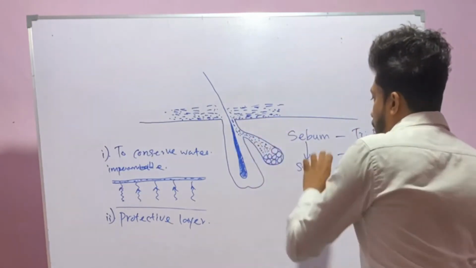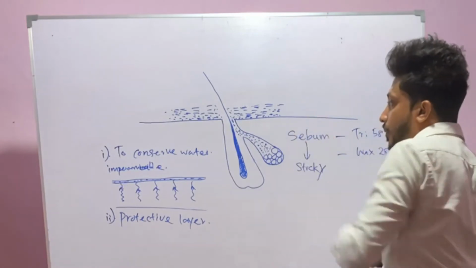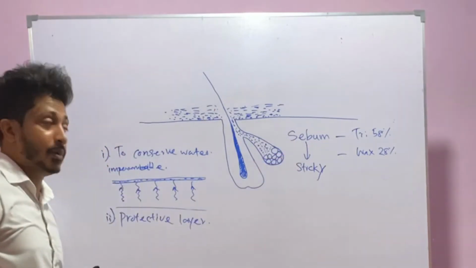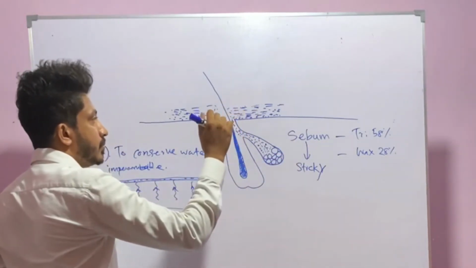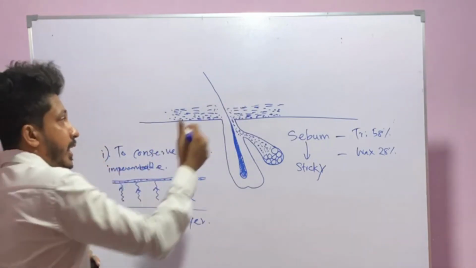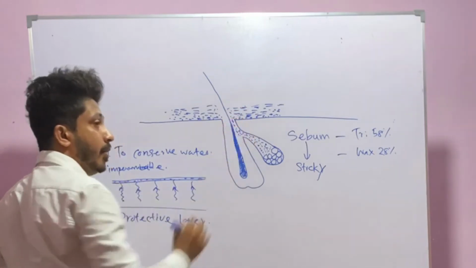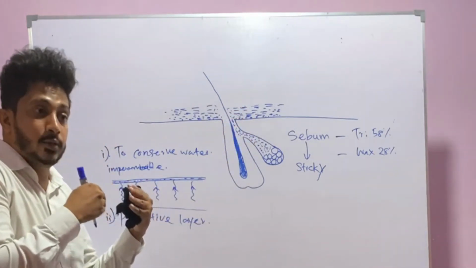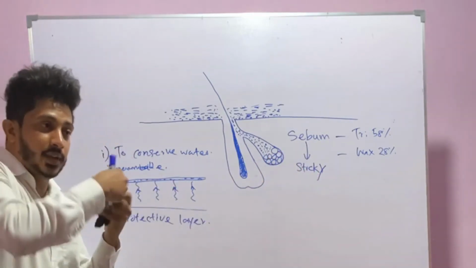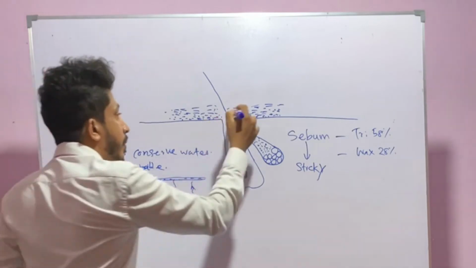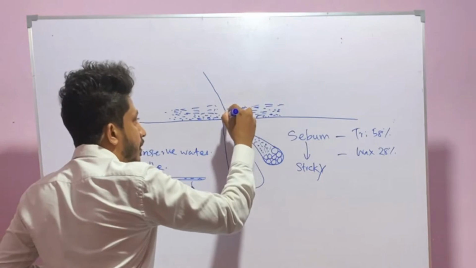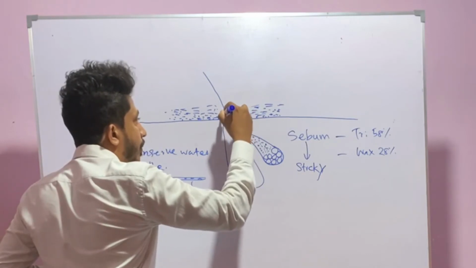So what will that sticky sebum do? It is collected in this open area, and it combines with those dead cells. That sticky sebum combined with those dead cells blocks this open area.